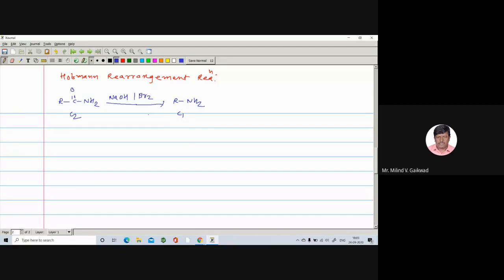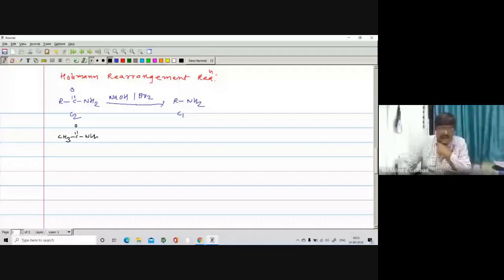Another example: suppose you take the methyl group CH3, C double bond O and NH2, meaning acetamide. Acetamide reacts with alkali NaOH or KOH in the presence of bromine, then you get the corresponding methyl amine, CH3NH2.